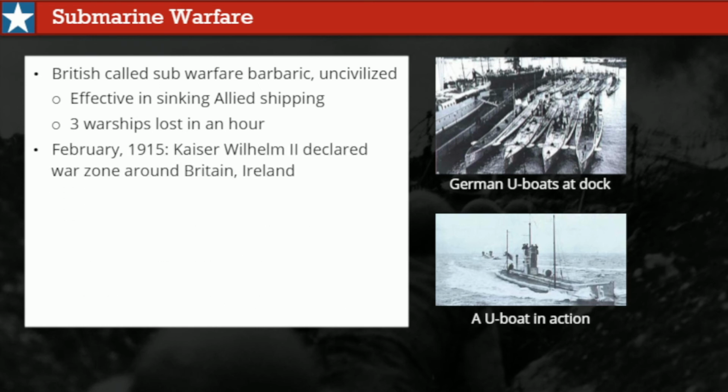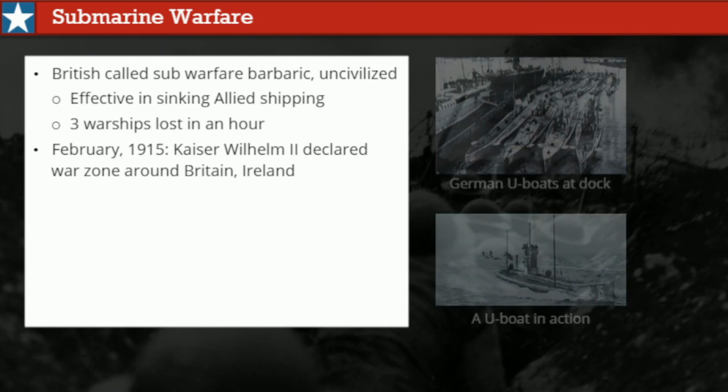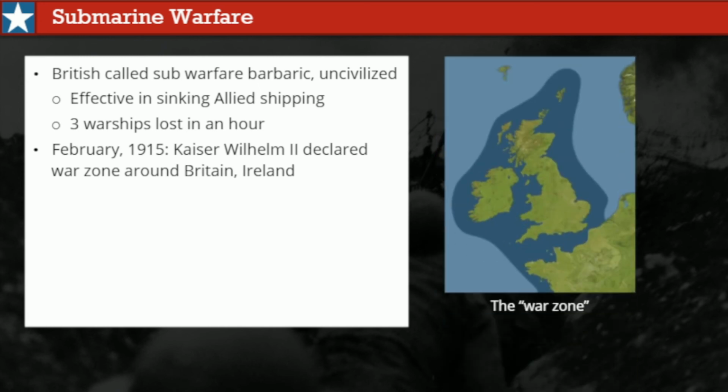In February 1915, Germany's Emperor Kaiser Wilhelm II declared all of the waters around Great Britain and Ireland to be a war zone. This was in retaliation for Britain's blockade of Germany. U-boat captains were given permission to sink any ships, even neutral vessels that sailed there.